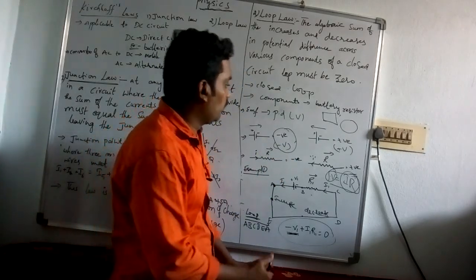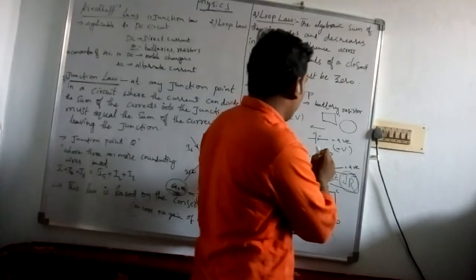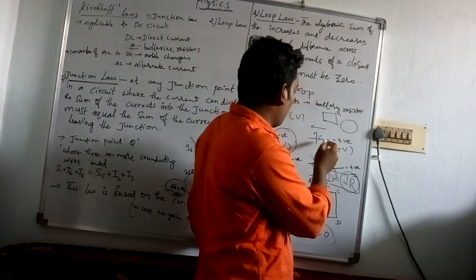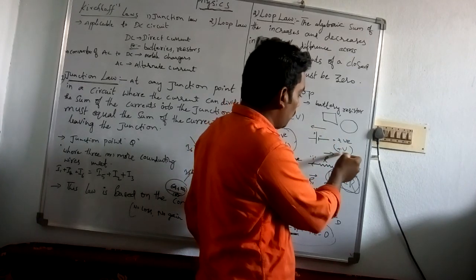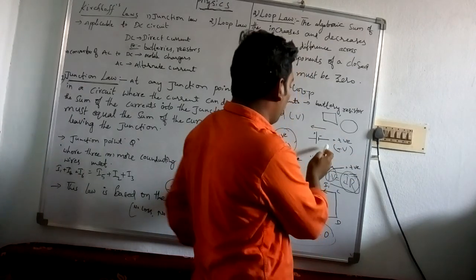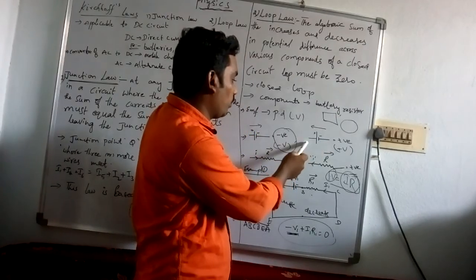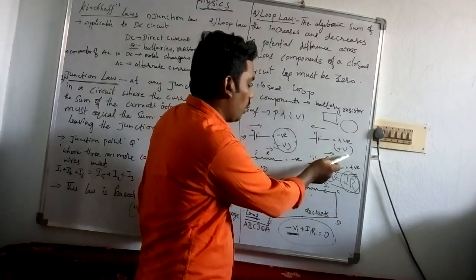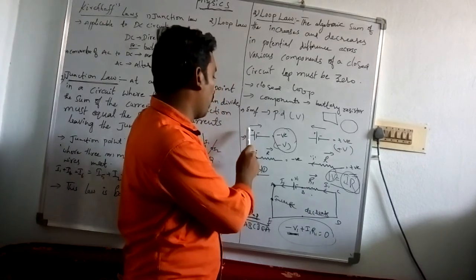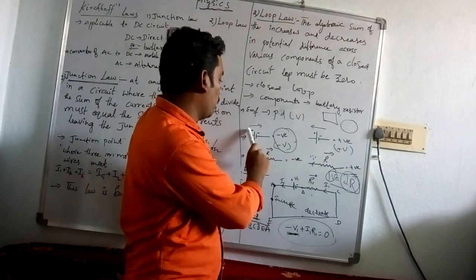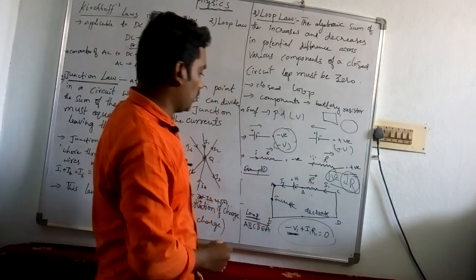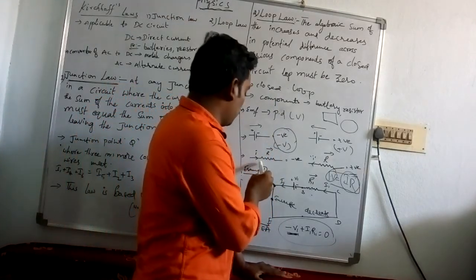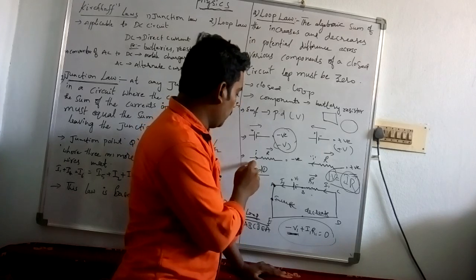Next, moving in a loop from the negative terminal to the positive terminal, we will get a positive potential difference. Moving from the positive terminal to the negative terminal in a loop, we will get a negative potential difference. At the same time for resistance, how do we get the potential difference?